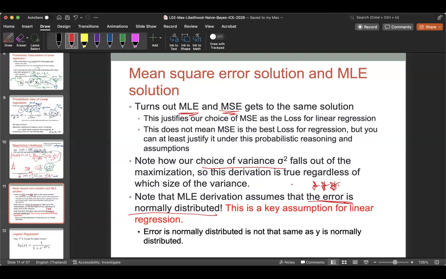And a common misunderstanding is that if you want to use linear regression, y has to be normally distributed. This is not true. We have no assumption about y at all. The only assumption we made is about the error itself.